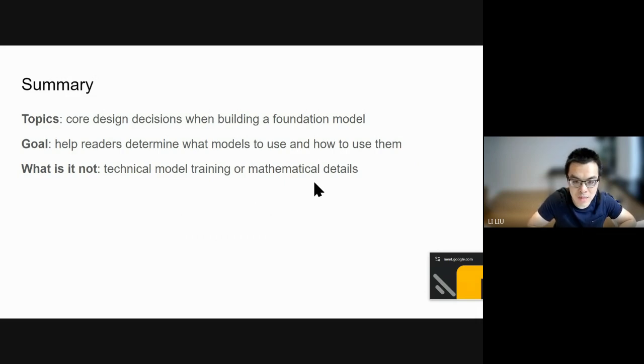But this book is more on the engineering aspect. So understanding these design decisions will help us better understand the scope and the landscape of model development right now, and also become more aware of the different settings and differences around these models.